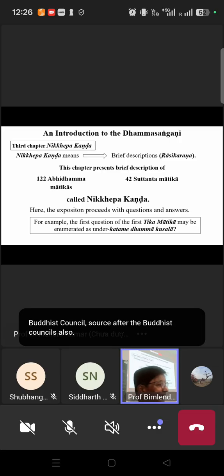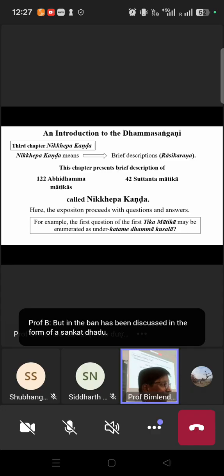So this is the Nikhep Kanda, that is very important, because this is the chapter which gives the brief description of all the three ultimate realities, Chitta, Chetasika, Rupa, from the first and second chapters of Dhammasangani. In the first chapter and the second chapter, we do not have any description of the fourth ultimate reality, that is the Nibbana. But in the Nikhep Kanda, the Nibbana has been discussed in the form of Asankhata Dhatu.